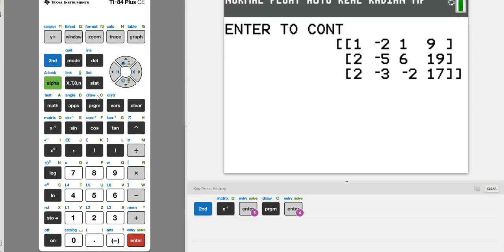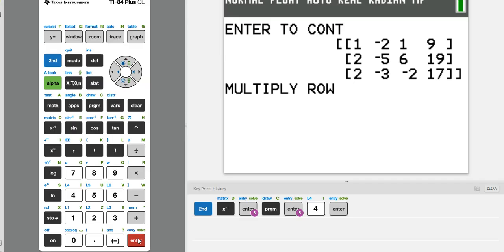I think we'll start with -2 times row 1 added to row 2. And we can also do -2 times row 1 added to row 3. So we can do that similar command twice.